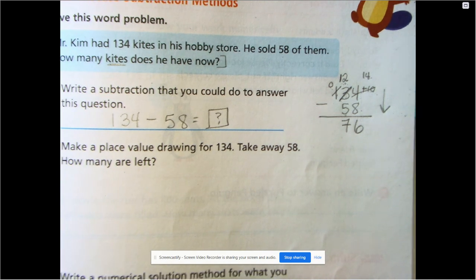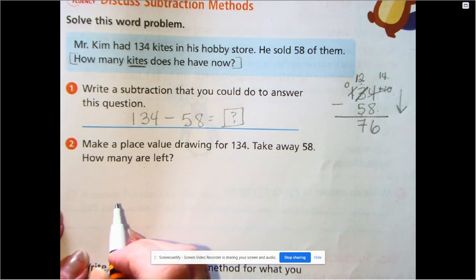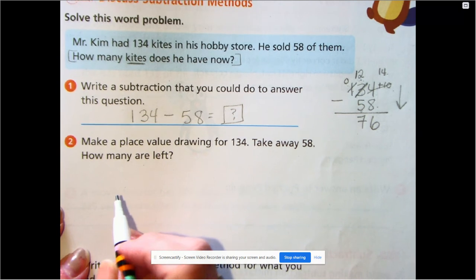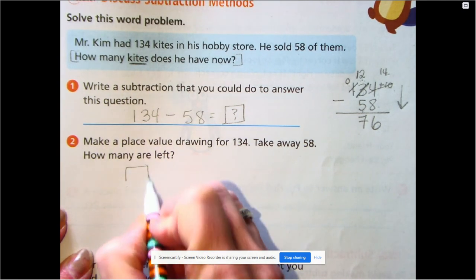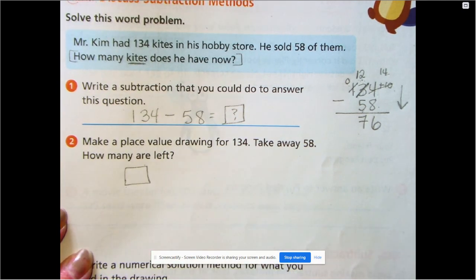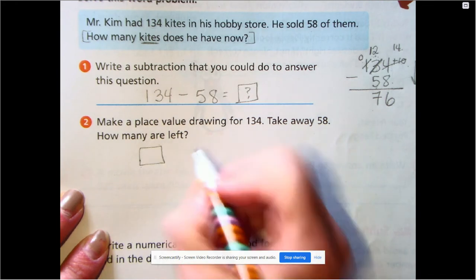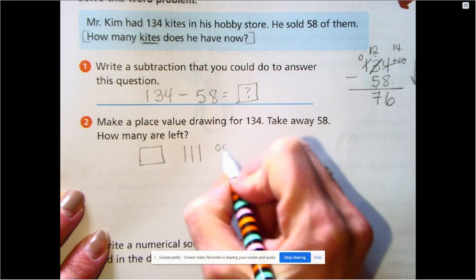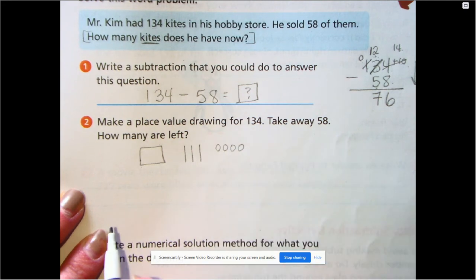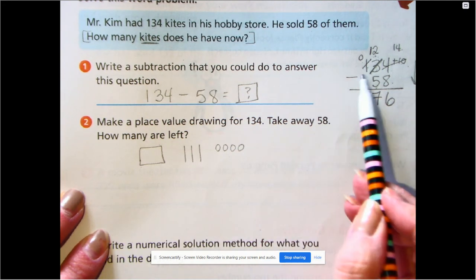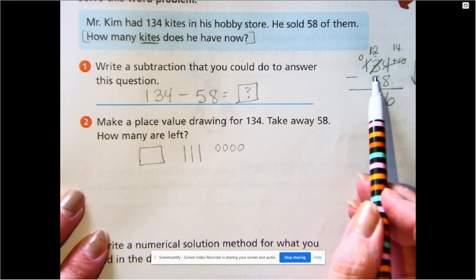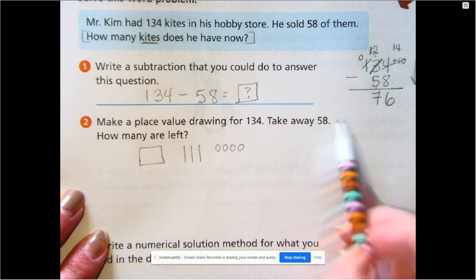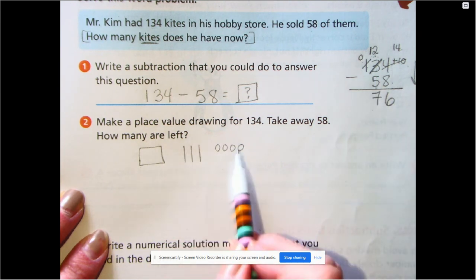All right, so if I have 134, I'm going to draw my square because that represents 100, 10, 20, 30, 1, 2, 3, 4. That's 134, my number on the top.